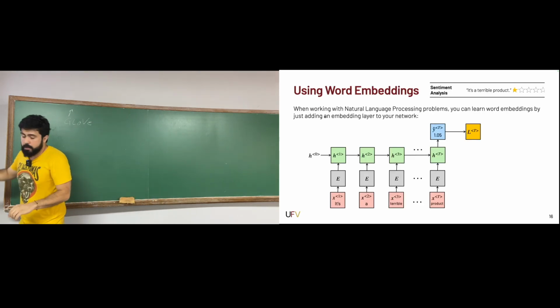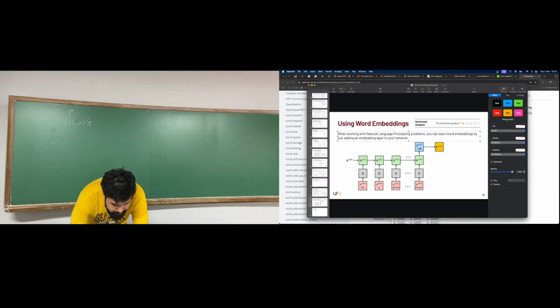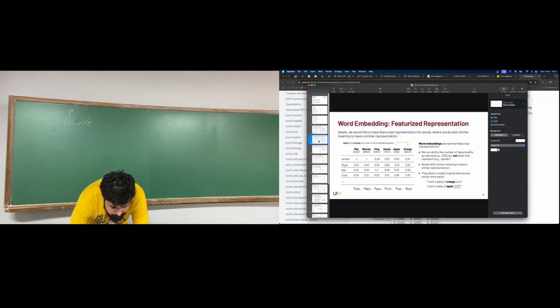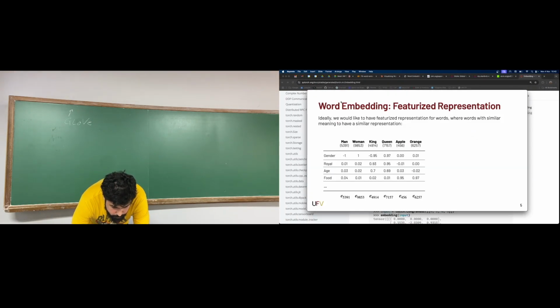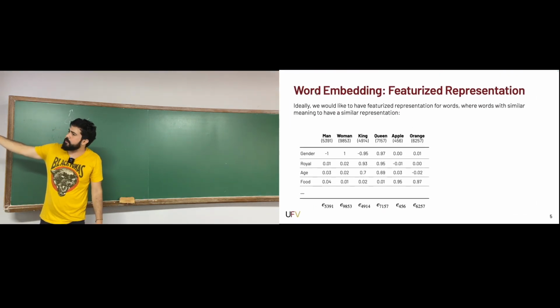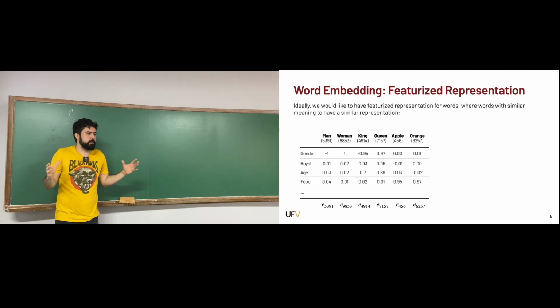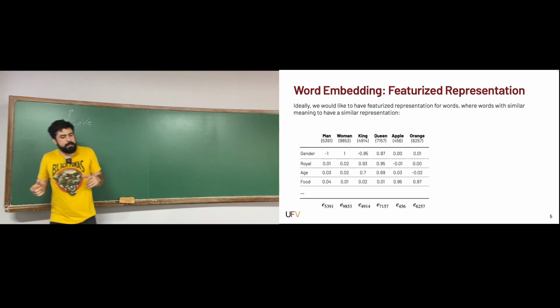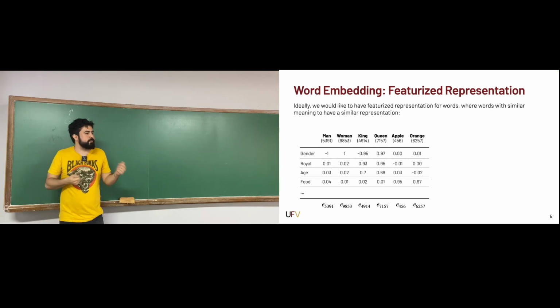Because right now, think about this, and I want to leave you with this question for now. When we learn these embeddings, I'm going to go back to my first slide. When we learn these values with word2vec, for example, and I finish the training, I have one fixed matrix, right? But there are words that, depending on their context, should have different vectors.